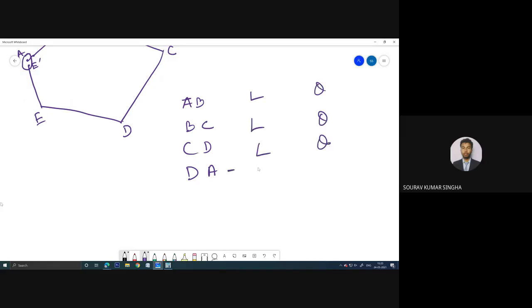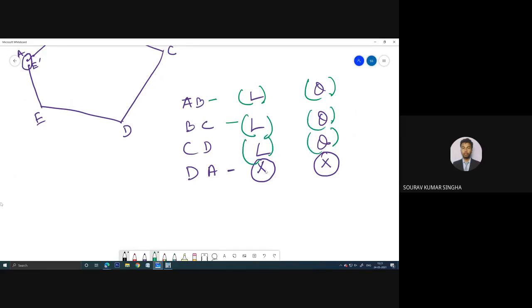But in case of DA, L is not given, theta is not given, but we have determined these two values. We did such a numerical previously, right? Exactly, the same numerical. Here also AB line length given, angle given, BC line L given, theta given, CD line L given, theta given, DA line L is not given, theta is not given. You can just compare with that numerical here.